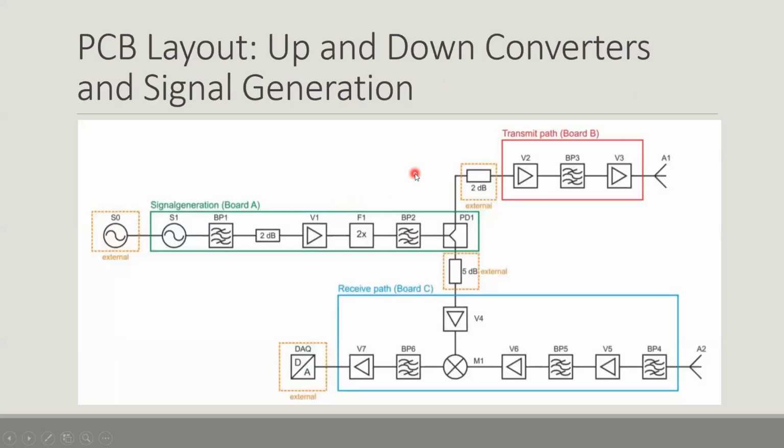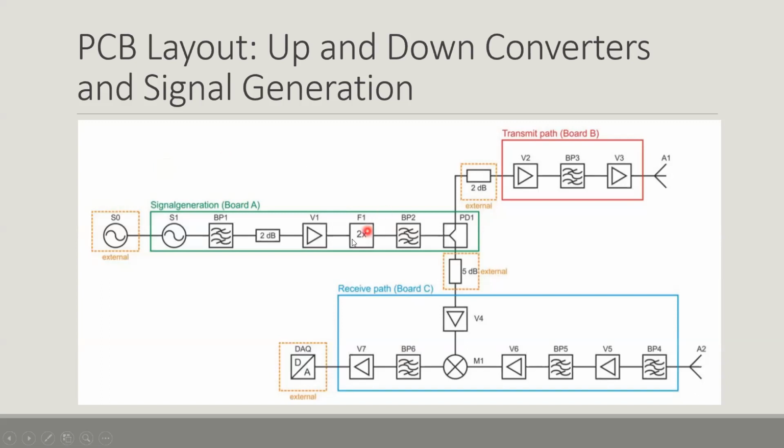So there are 3 separate PCB modules that were put into this design: the transmit, the receive, and the signal generation, so that they could be stacked on top of one another on the drone more easily, and they could also be tested independently. And this is a common diagram that I would often see at work when designing PCB boards, so I thought it'd be interesting to include.